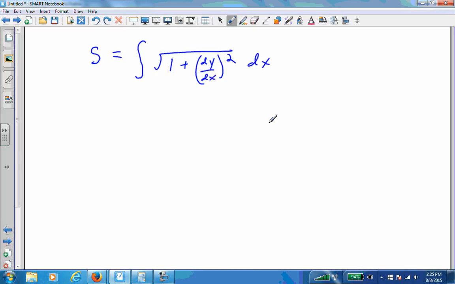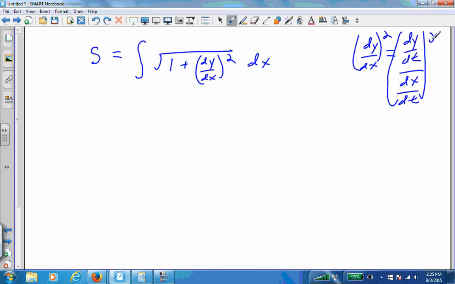So if we think about dy over dx being dy over dt over dx over dt, if we square that, then we have dy over dt squared over dx over dt squared.